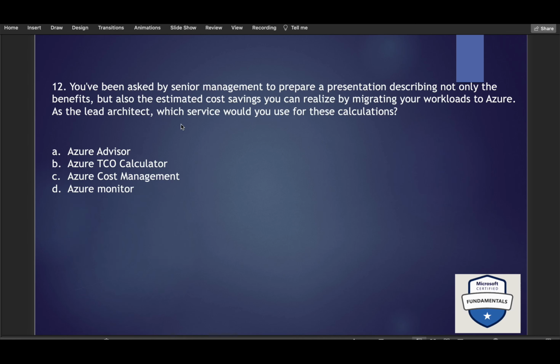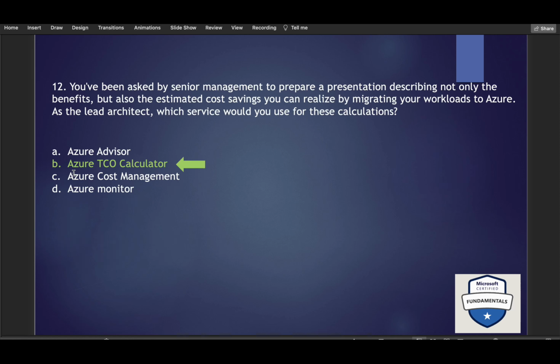You have been asked by senior management to prepare a presentation describing not only the benefits but also the estimated cost savings you can realize by migrating your workloads to Azure. As the lead architect, which service would you use for these calculations? This is a very important question, because obviously when you are trying to move to Azure cloud, you want to know how much would be the estimated cost savings.